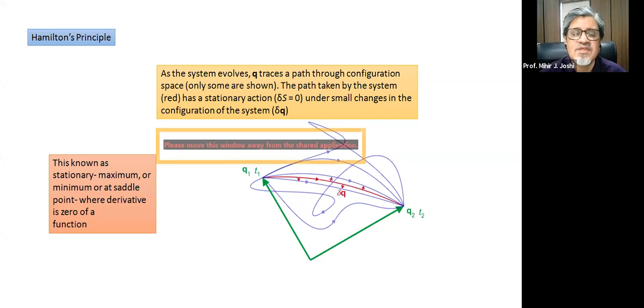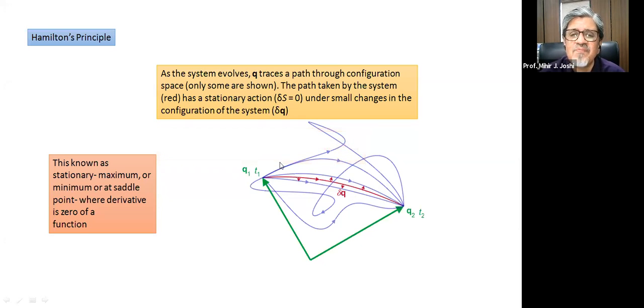Now we have considered one diagram, and in that diagram we have represented Q1, T1 and another one, Q2, T2. There are connections between these two different points. One is the shortest one, represented by the red line, and others are different paths.